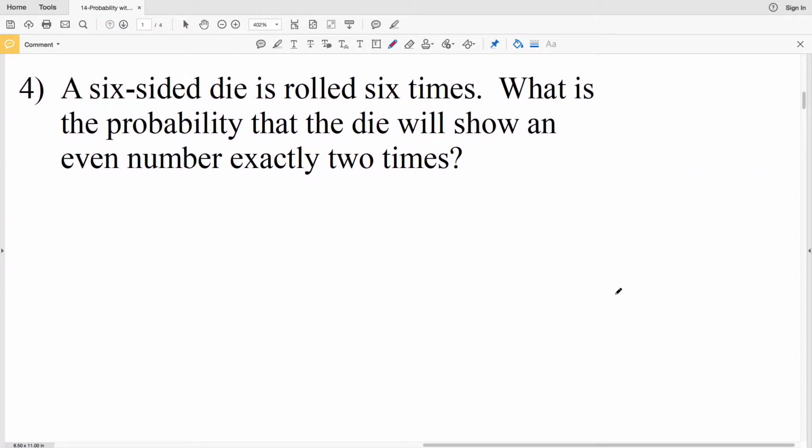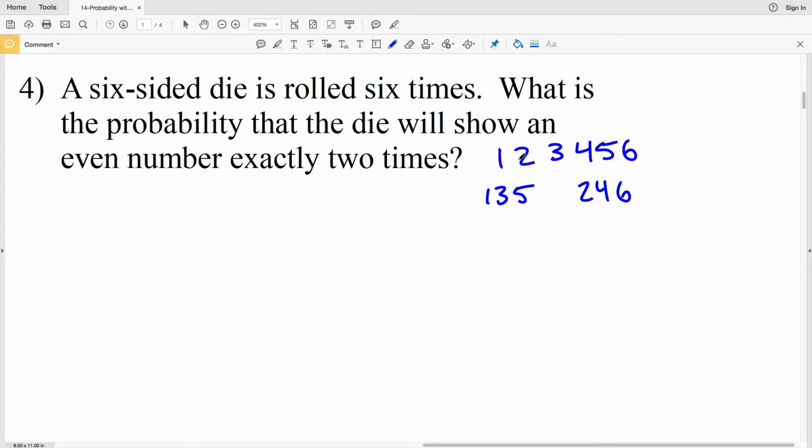Number 4, a 6-sided die is rolled 6 times. What is the probability that the die will show an even number exactly 2 times? Well, one way we can think of this problem is that on a die, the numbers are 1, 2, 3, 4, 5, 6. If we split those up into two separate categories, there's either odds, 1, 3, and 5, or there's evens, 2, 4, and 6.